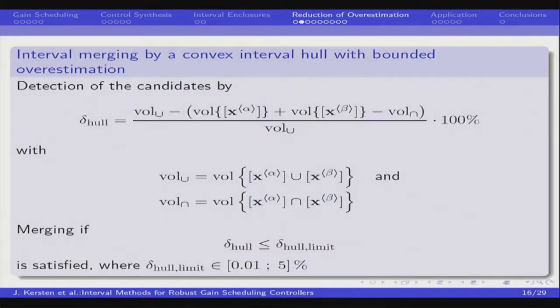One of the countermeasures is the interval merging by a convex interval hull with bounded overestimation. Therefore, we detect the candidates to be merged by this measurement, which is called a hull, and then we define a limitation, delta hull, and if this limitation is reached, then the intervals are merged.